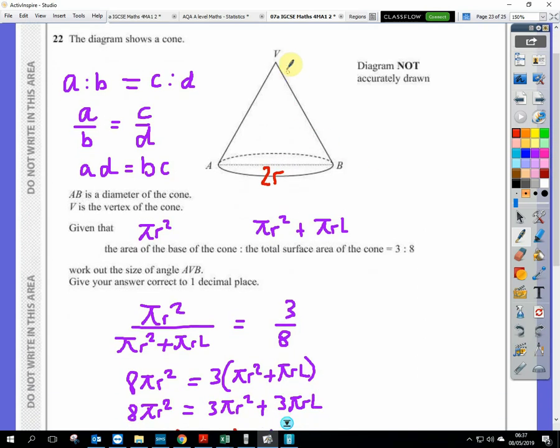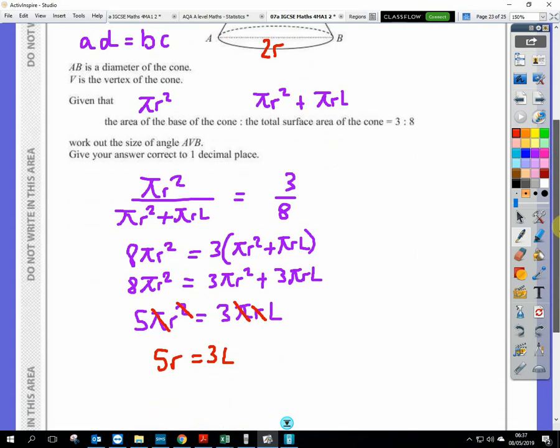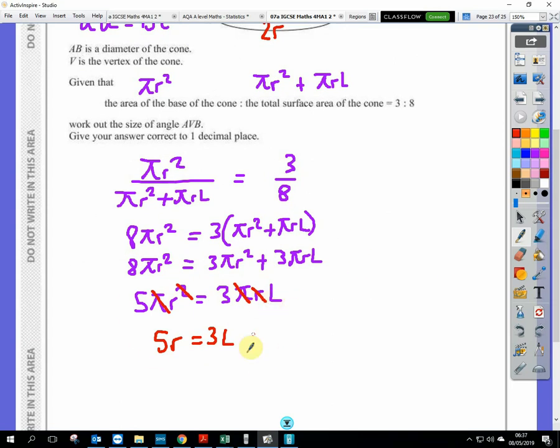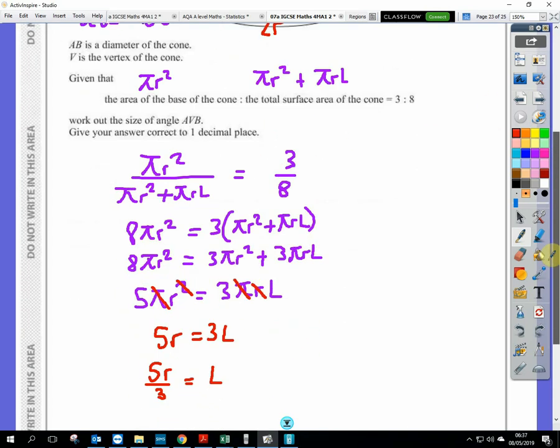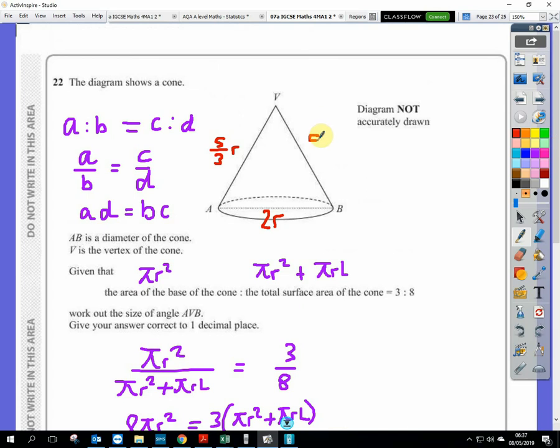Now, this length is called the slanted length, AV and VB, but I can work out what L is in terms of R from this statement here. So if I divide both sides by 3, then I know that 5/3 of R is equal to L, and this is quite useful, because now all the sides are in terms of R.